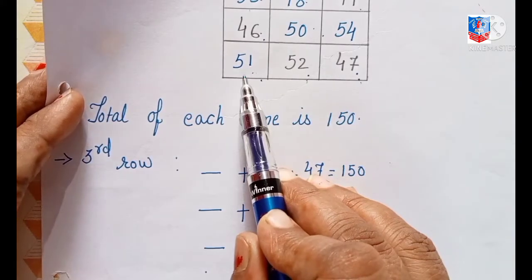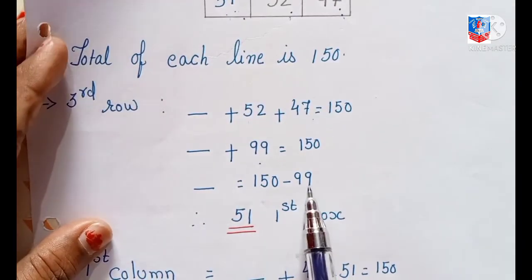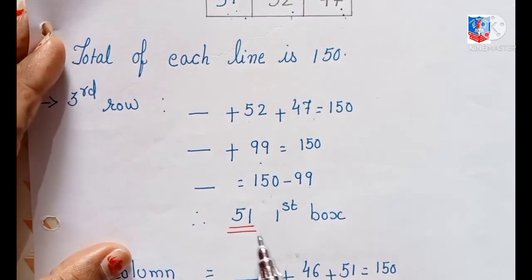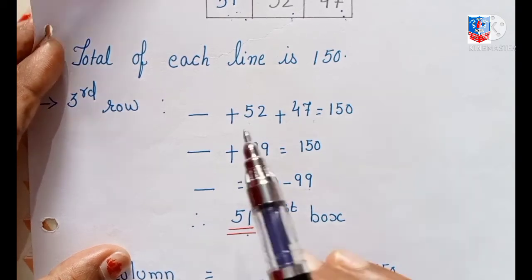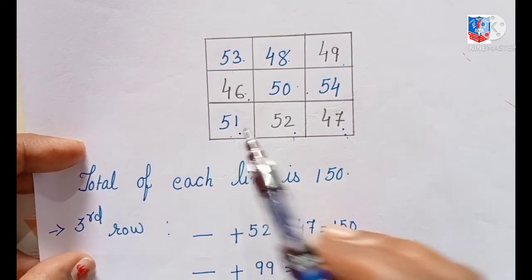So to get this number, we will subtract 99 from 150 and then we will get the number of the first box, that is 51. Understood?